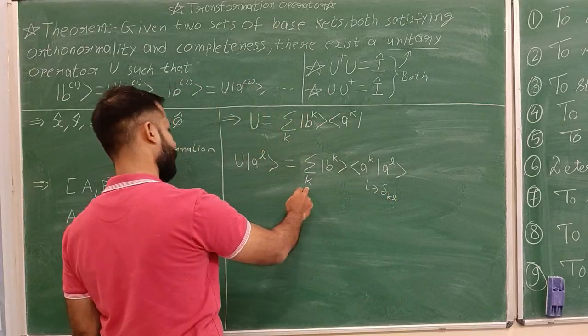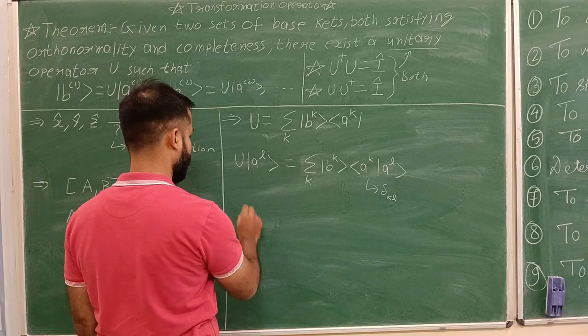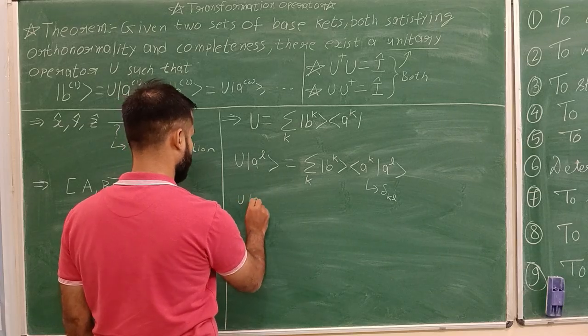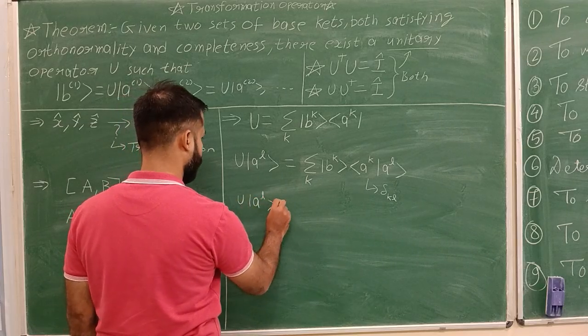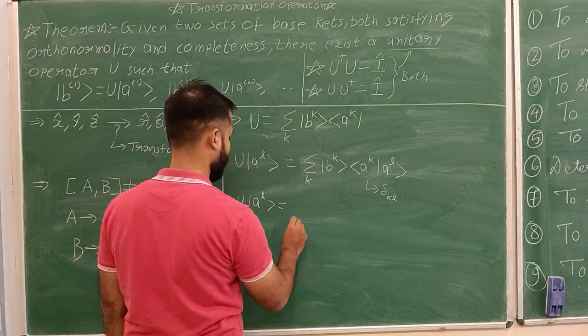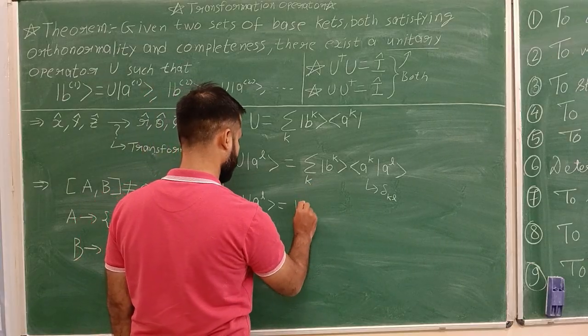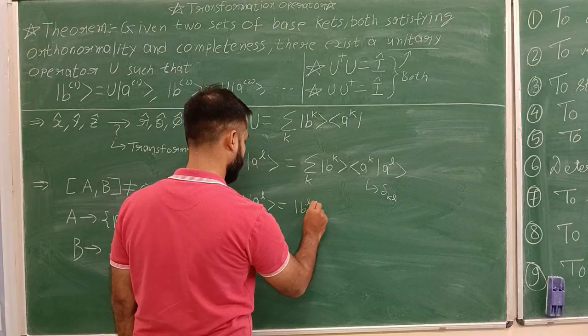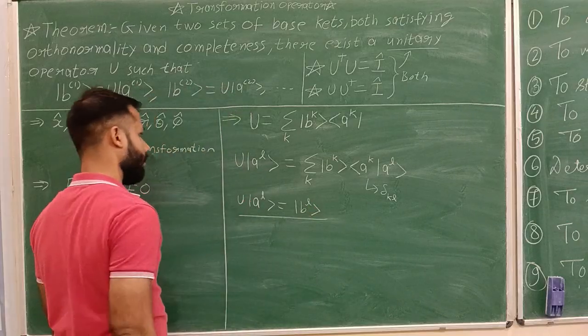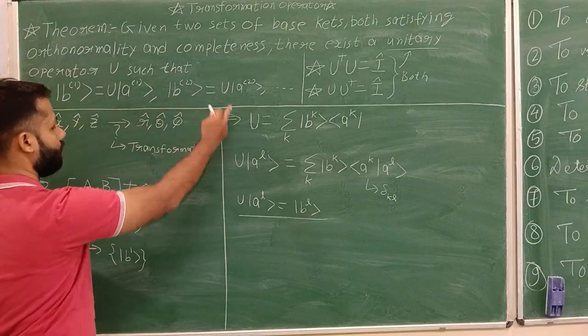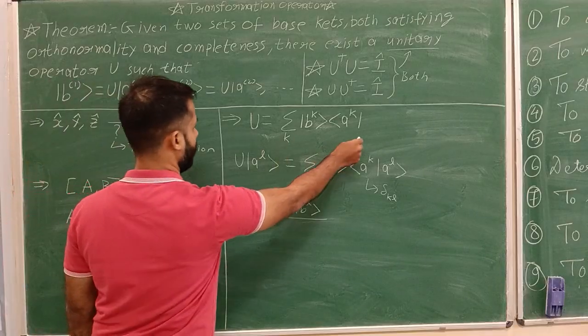Kronecker delta applied with the summation kills the summation, and this will give me B. And this is what we wanted. So this is the structure of it.